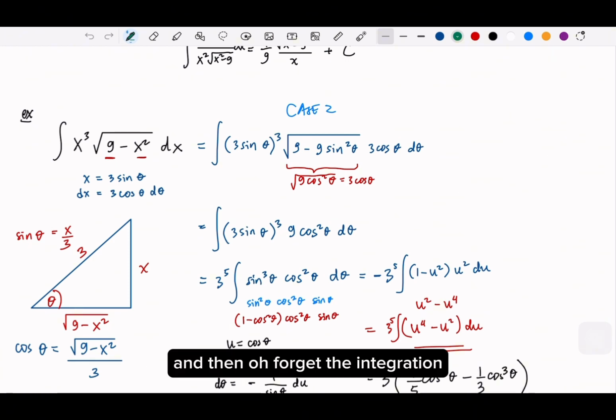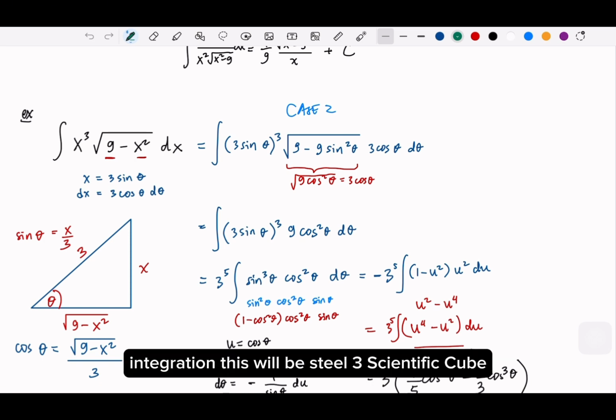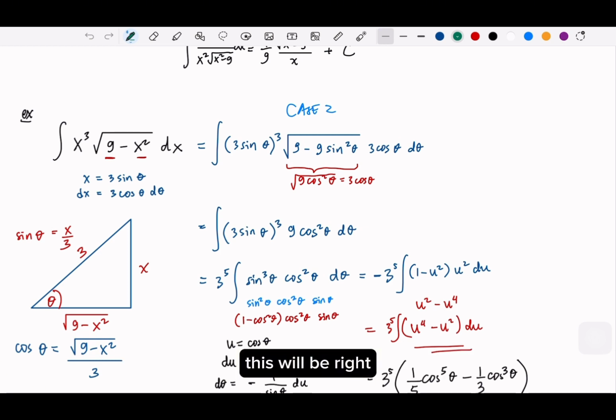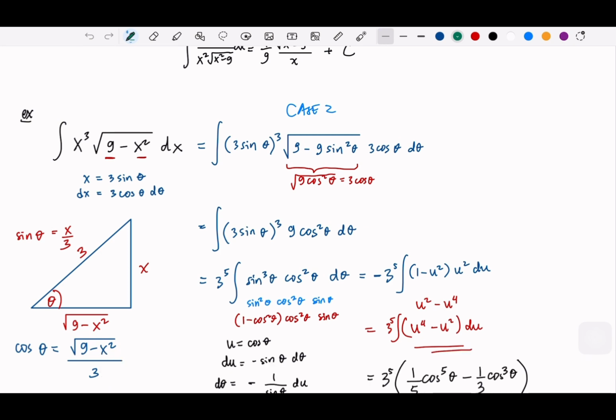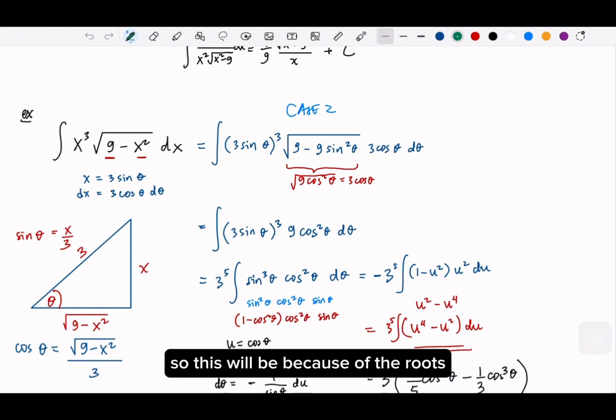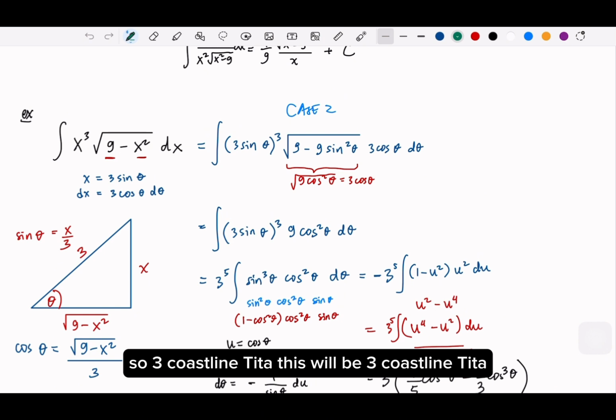And then for the integration, this will still be 3 sine theta cubed. We can write this root as 9 cosine squared theta, and because of the root, this will be 3 cosine theta. So we have 3 cosine theta times 3 cosine theta.